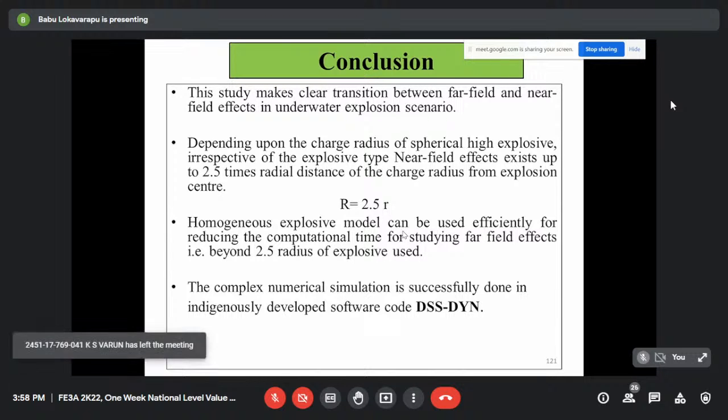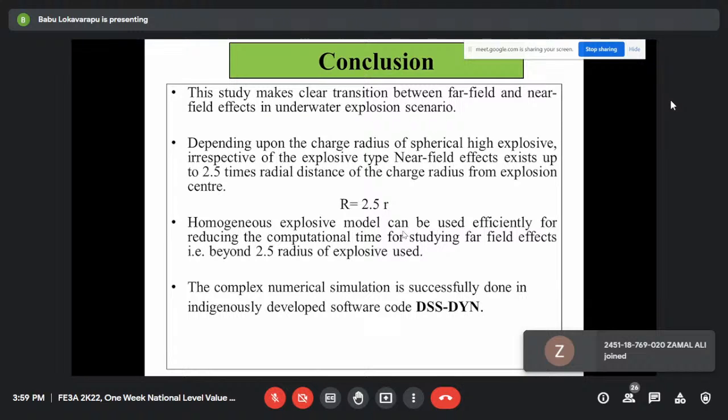I beg your pardon that I could not sit through your topic from the first, but the other audience who were with you from 2 o'clock are highly blessed, because for the last 1.5 hours I could not move away from the screen, and I saw an enormous amount of work, especially on gas dynamics, on shock propagation, for PETN, as well as trinitrotoluene and CL-20, which are state-of-the-art explosives.